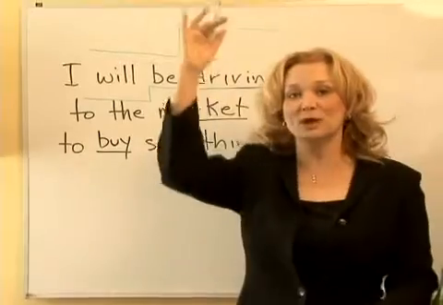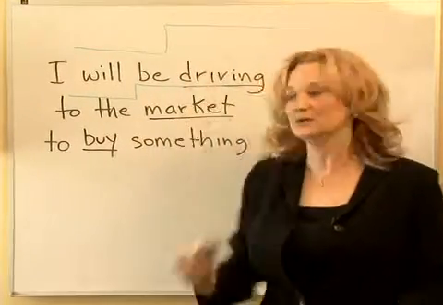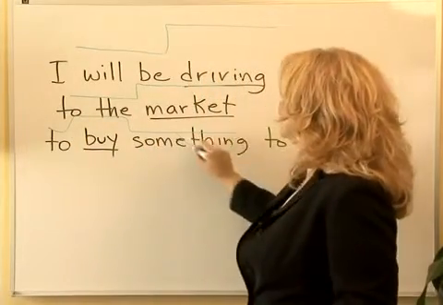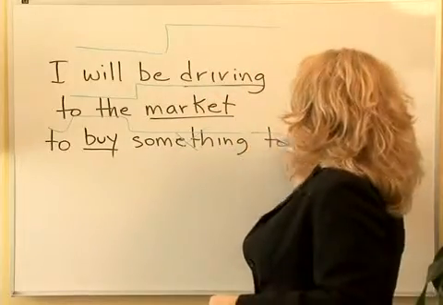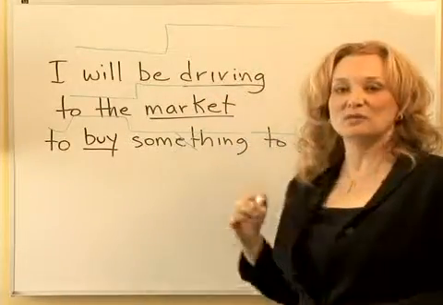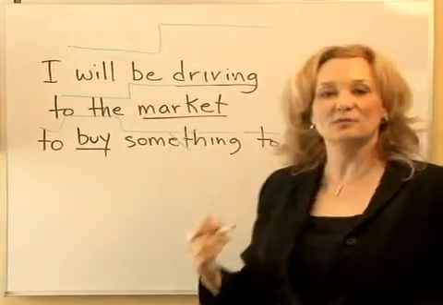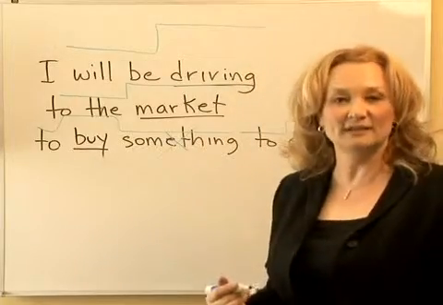You're going to jump up the staircase, go higher to buy something, and then something is also going to be reduced, to buy something to eat. I will be driving to the market to buy something to eat. Let's do it again. I will be driving to the market to buy something to eat. That's the rhythm of English.